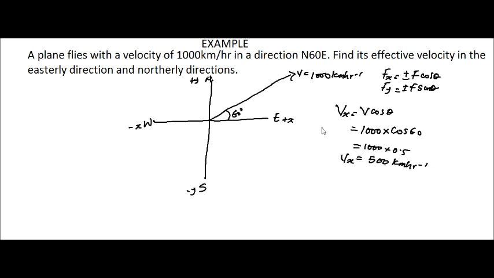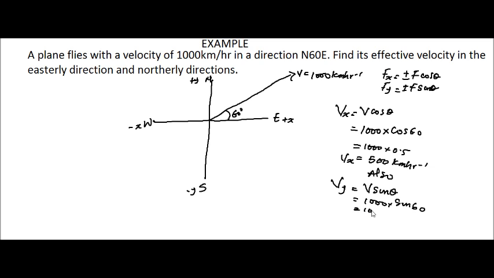Also the effective velocity in the northerly direction, so it's on positive y, so we are looking for the vertical component. So also we can say v subscript y is equal to, because it's on positive y, v sine theta. So that will be 1000 times sine 60.